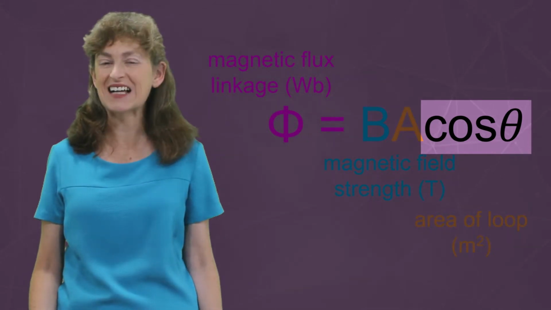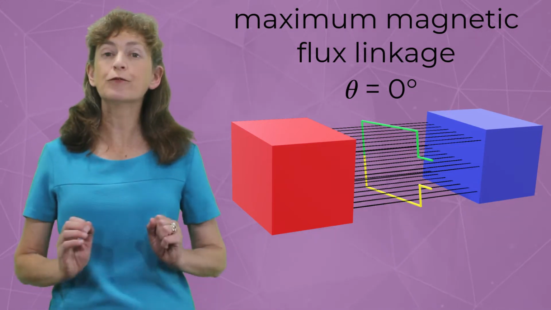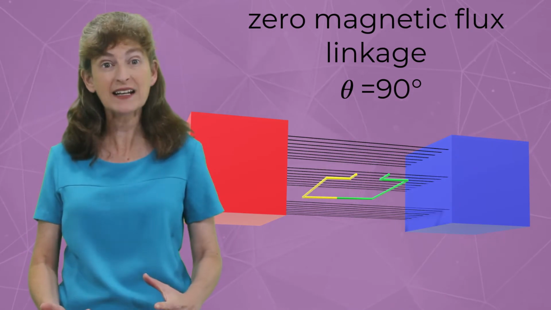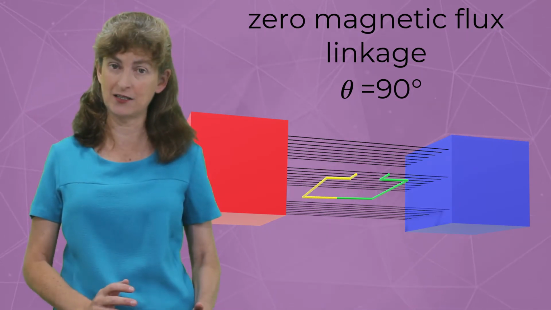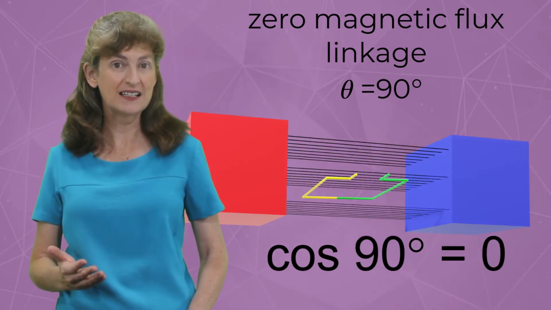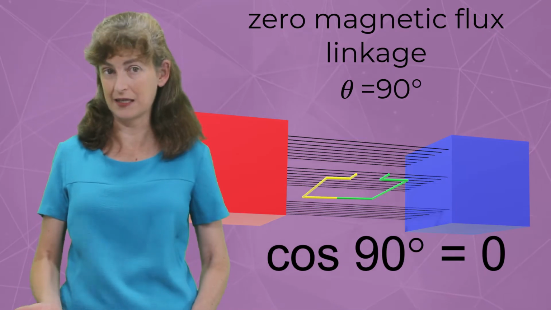Why cos theta? Remember that we get full magnetic flux through the coil at 0 degrees and 0 magnetic flux through the coil at 90 degrees. This matches cos 0 equals 1 and cos 90 degrees equals 0.